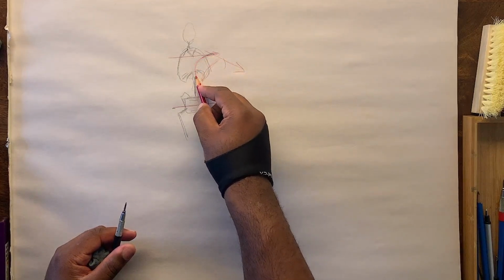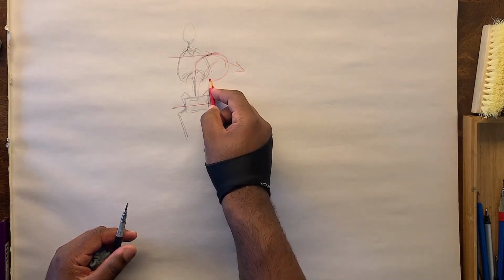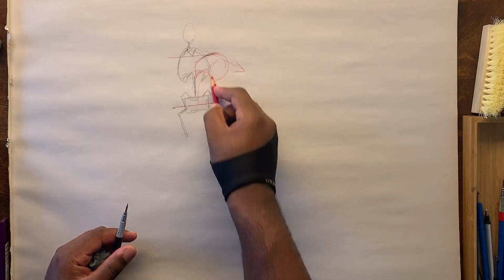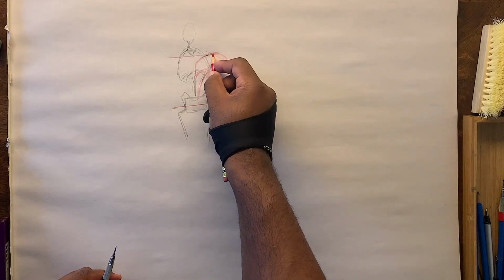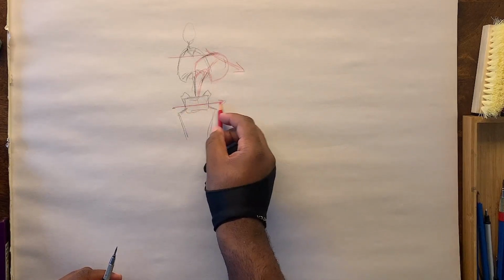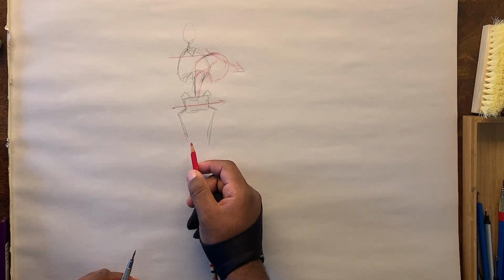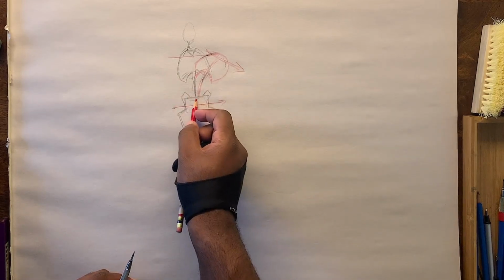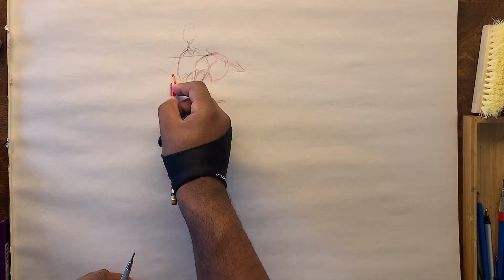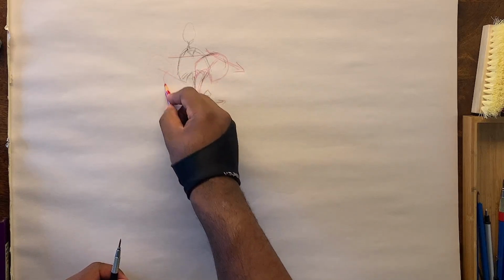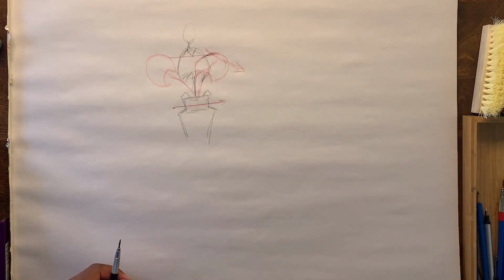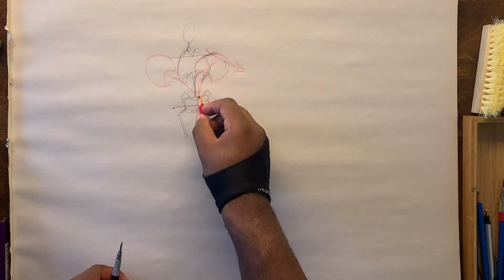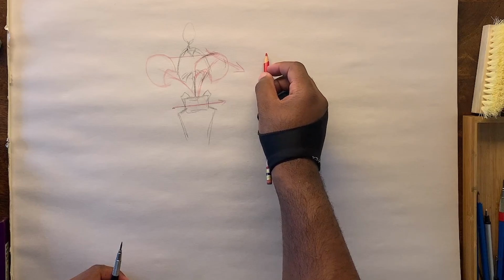And now this torso is leaning, and these are not in alignment anymore. Same thing if they lean this way. Right, and this is an extreme example, but you think about it, right?